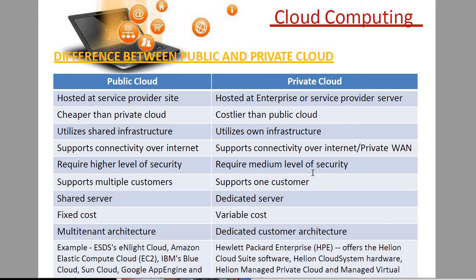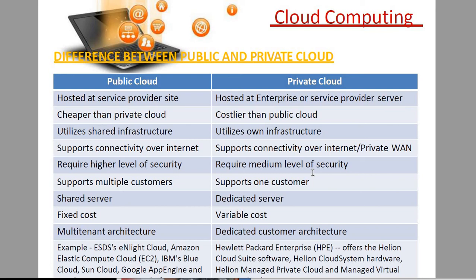Some examples I'm giving you for public cloud: ESDS, EN Light Cloud, Amazon. It's very famous: Amazon Elastic Compute Cloud, EC2. We can call it EC2 also. It is a very famous cloud.